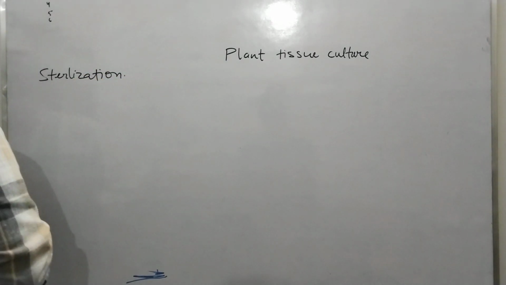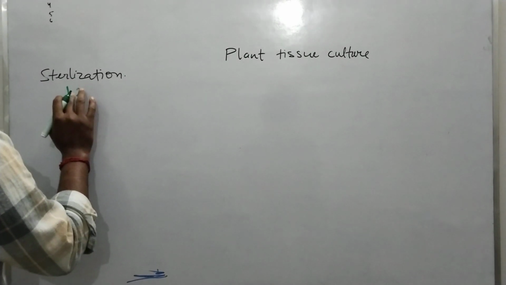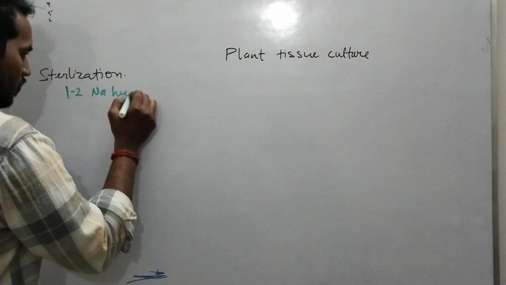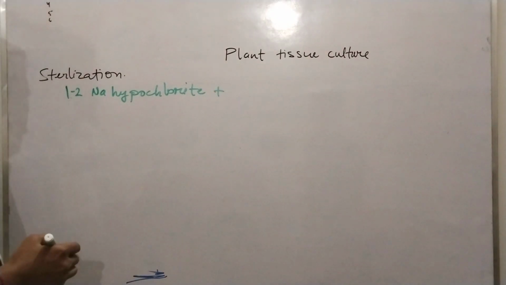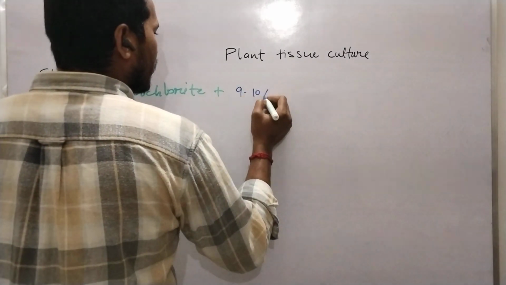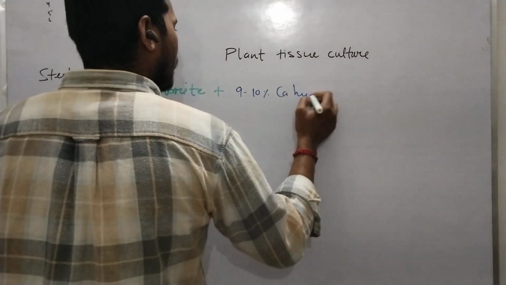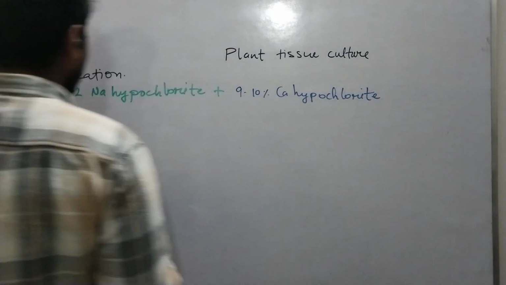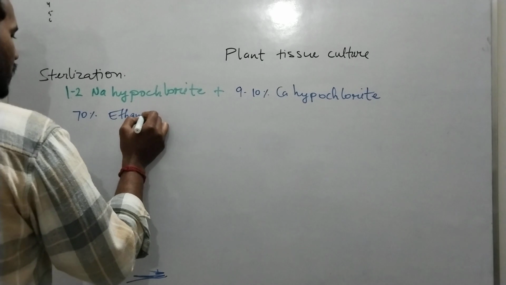For that we will take 1 to 2% sodium hypochlorite, plus 9 to 10% calcium hypochlorite, and then 70% ethanol.